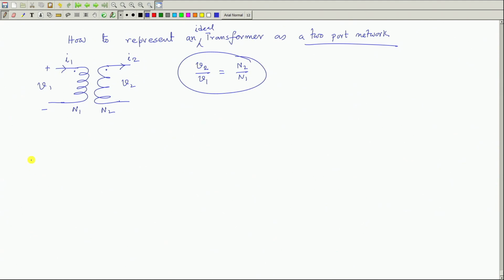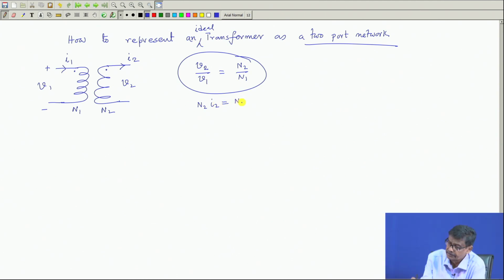And the second equation is N2 I2, it is called the MMF balance equation, is equal to N1 into I1. So, from this we say that I2 is equal to N1 by N2 into I1.